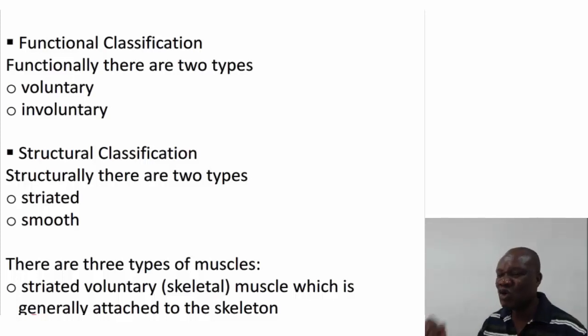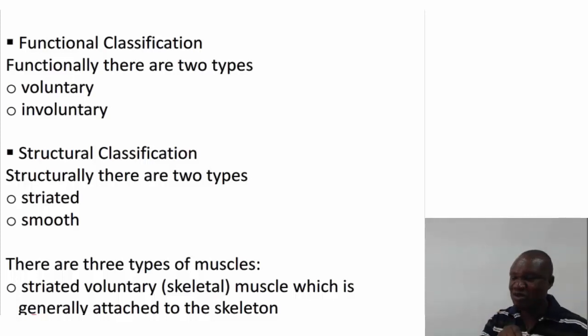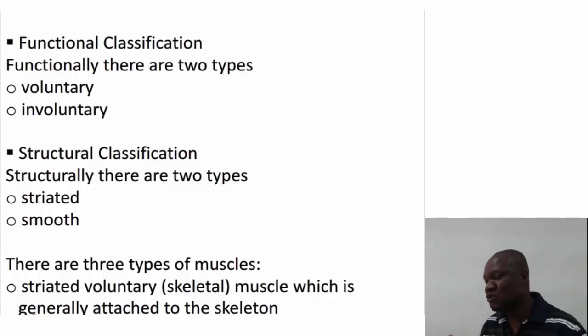Voluntary is when we consciously regulate the muscle. Based on this, we have cardiac and smooth muscle, which are involuntary, and skeletal muscle, which is voluntary. Then structurally, muscle can be classified by the presence or absence of striation: striated muscle and smooth muscle.